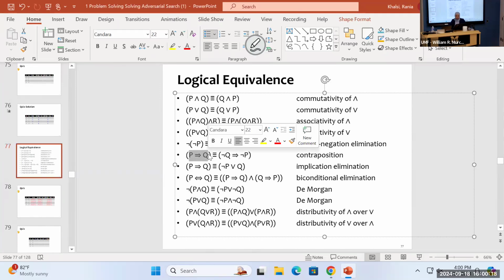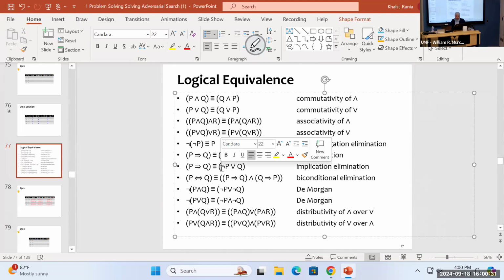A implies B is equivalent to not A or B. So we don't come back with the wrong direction. We keep moving. We just replace the implies with the or. So not P or Q.